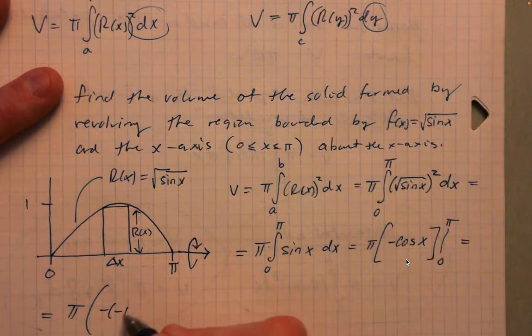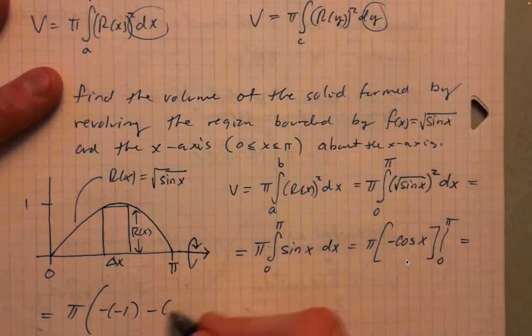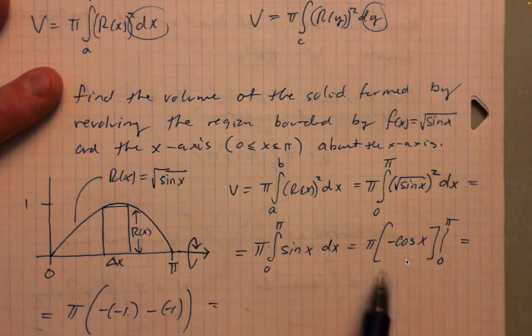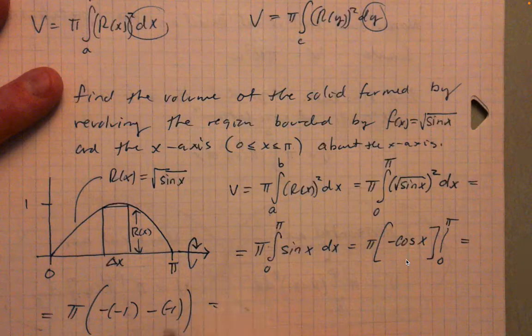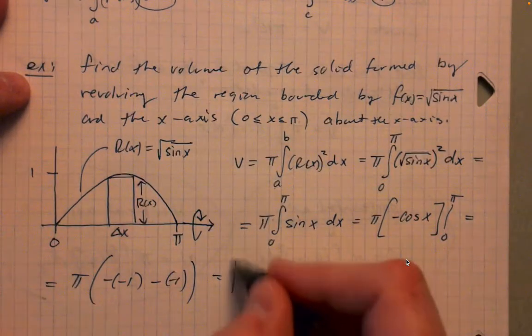So we'll put negative negative 1 there, and cosine of 0 would be 1. Right, and so when you do all of this, you should see, oh, it should be like that, because it's negative cosine, right? So you should get 2 pi. Okay.